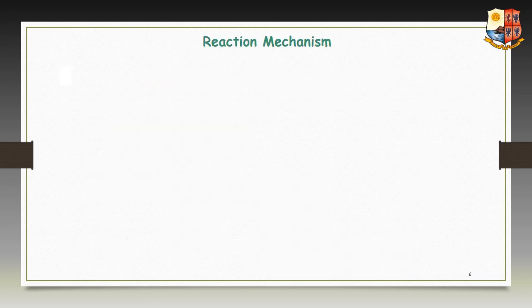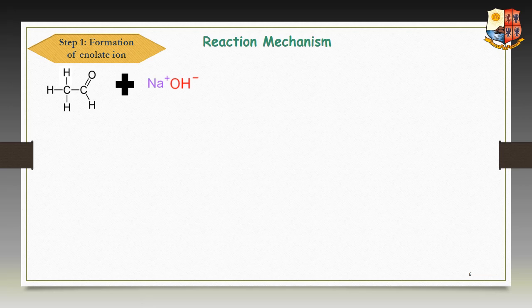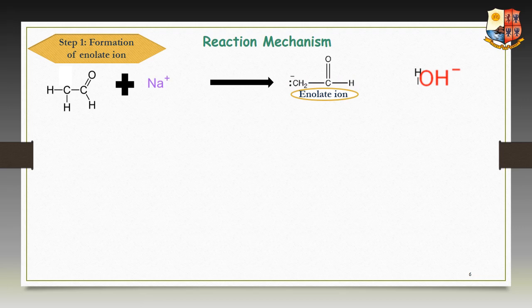Let's understand the reaction mechanism by taking acetaldehyde and dilute sodium hydroxide as an example. Step 1. Formation of enolate ion. The hydroxyl group of the dilute alkali abstracts one of the alpha hydrogens and escapes out as water, forming an enolate ion. Step 2.